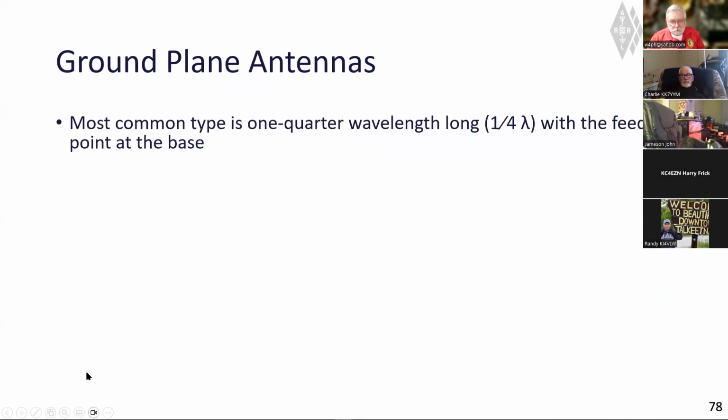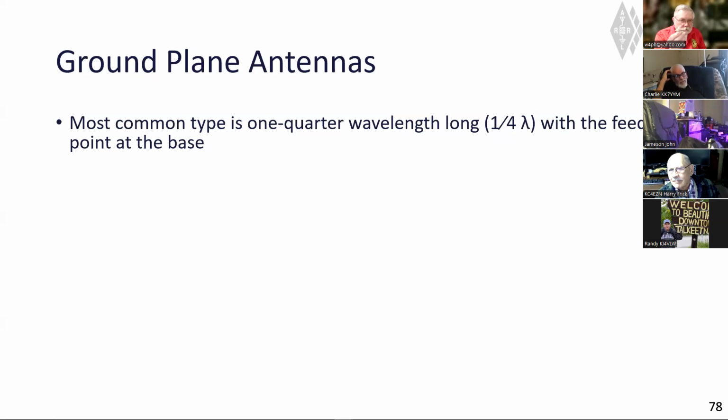Ground plane antennas. Most common type is 1/4 wavelength long with a feed point at its base. I just happen to have one in front of me here. Can you see this? That is a ground plane antenna. It has a vertical and 4 horizontals, which is the counterpoise for that vertical.